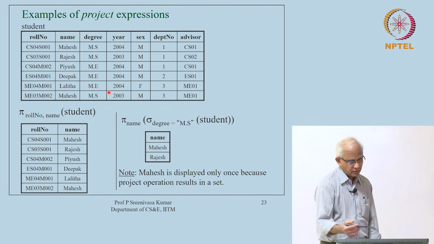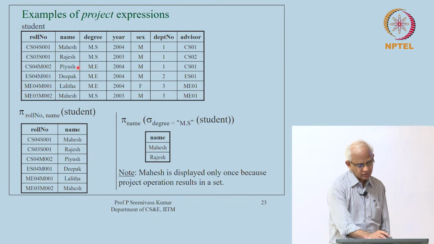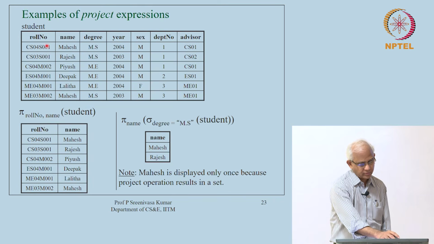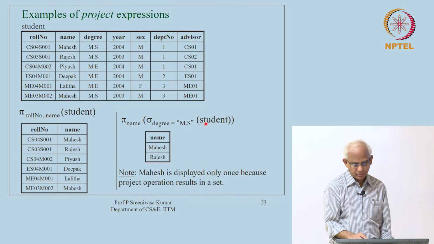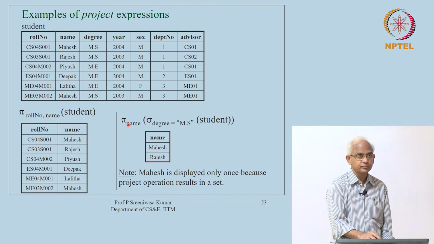So, here is the example, just look at this slide. Student, so we have Mahesh in computer science department, and there is a Mahesh in the mechanical engineering department, both of them are doing MS, etc. And so, now you do a sigma degree equals MS on student and project name.